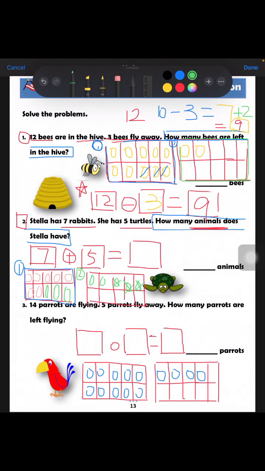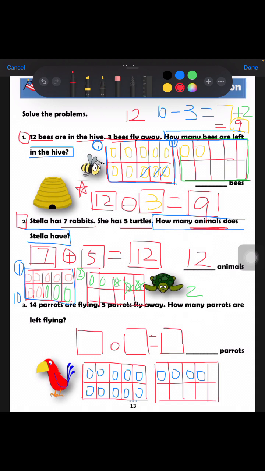Now in the first set there are a total of 10 circles, right? And in the second set there are 2 circles. So 7 plus 5 equals 10 and 2, which means 12. So Stella has 12 animals.